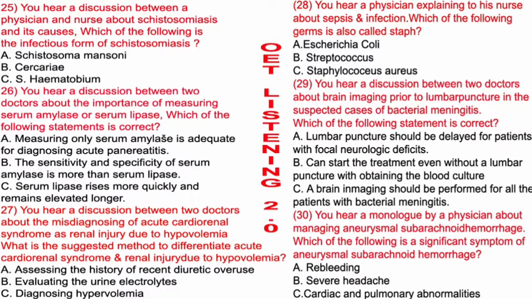Misdiagnosis of acute cardiorenal syndrome as hypovolemia-induced acute kidney injury will be catastrophic. In case the volume depletion in acute cardiorenal syndrome is erroneously judged to be the cause of acute renal injury, fluid administration can further worsen both renal and cardiac function.